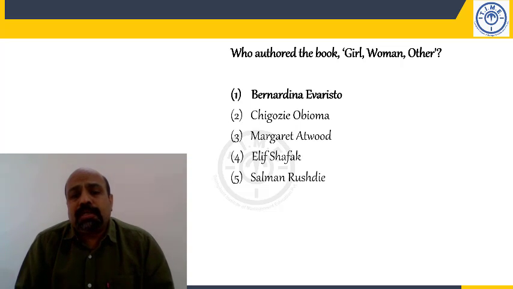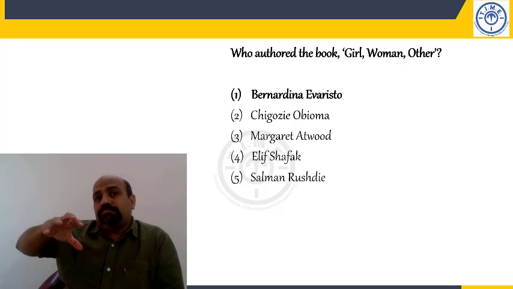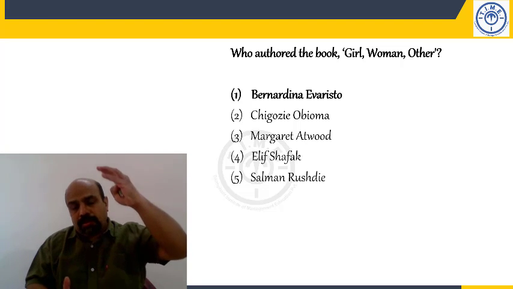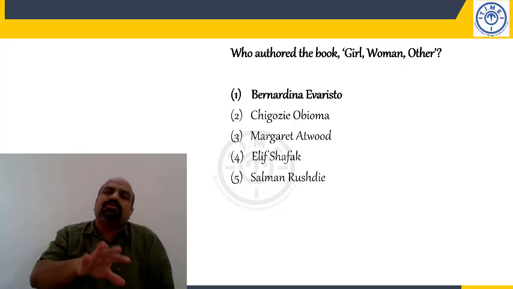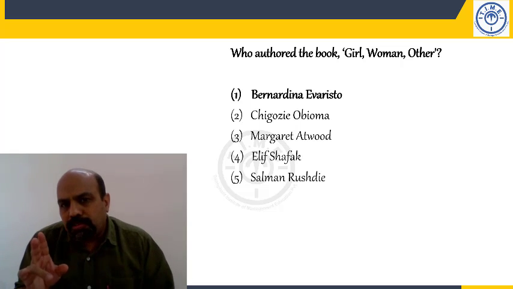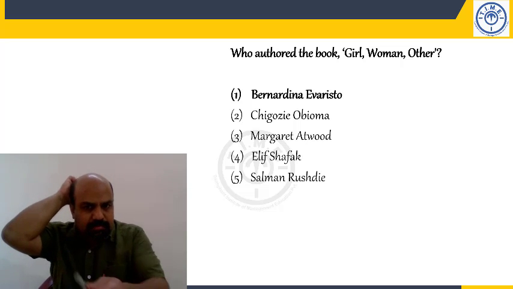Next, you write this: Chigozie Obioma. So, the Booker Prize I was talking about: they make a long list, of 108 books first. Then that long list is shortened to 6. That's called the shortlist. So, of the 6 books that were shortlisted for the Booker Prize, 2 won. There are 3 in these choices.